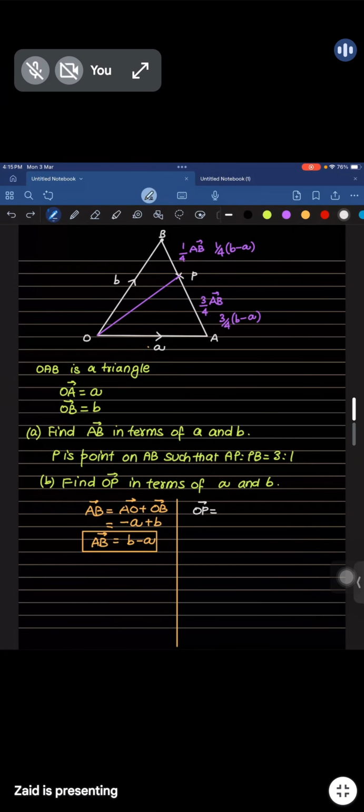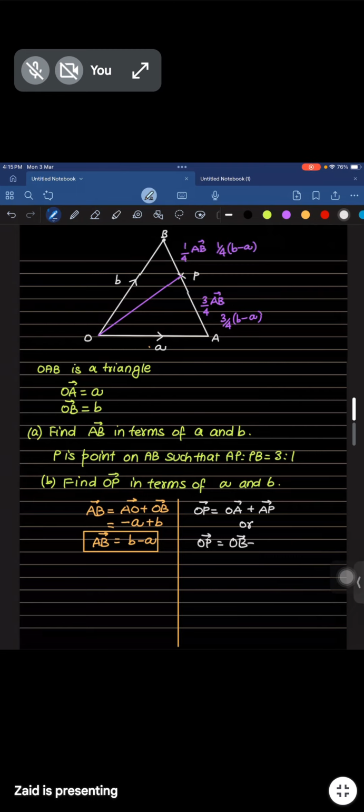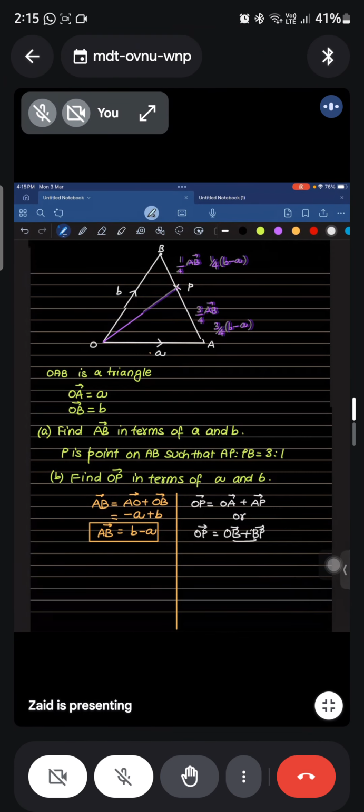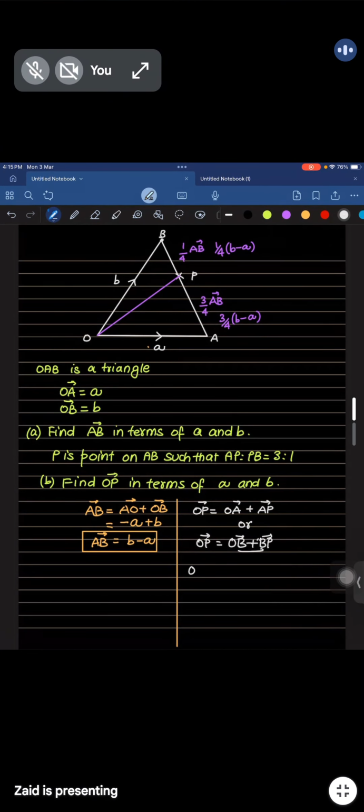Omar is saying OA plus AP. That works. Or there is another way for OP: OB, I go all the way up, and then BP. When the middle two are the same, we can get that. So either one you can choose. I'm doing the first one, but Omar has told us OA plus AP, and you're going to get the same answer.